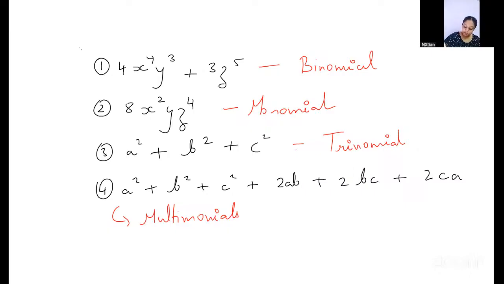Write the definition. Ma'am, does it become multinomials when there are more than six terms, or after three? So like four, ma'am, when do you start calling it multinomials?